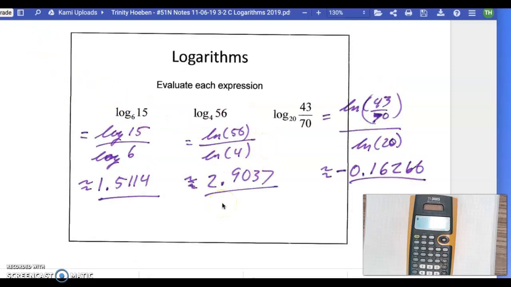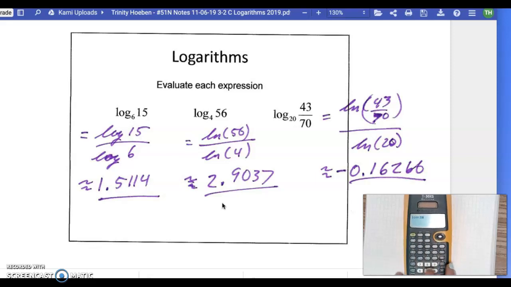Just make sure you close those parentheses. For the middle one, you want to go log of 56 divided by the log of 4. I think I didn't close a parenthesis.